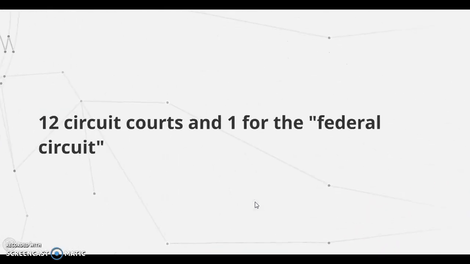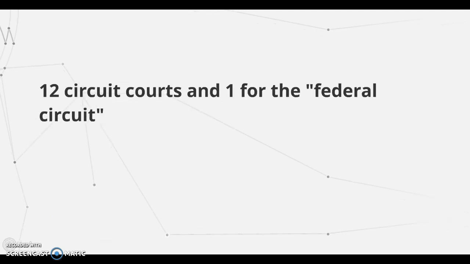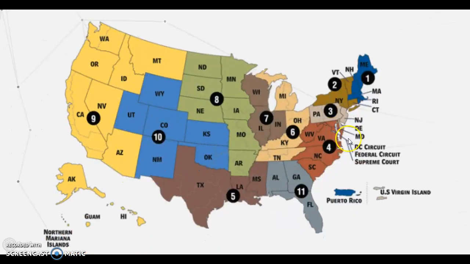In the United States, there are 12 circuit courts on the federal court of appeals, and then there's one that's called the federal circuit. So the United States is broken up into 12 districts, and then with the federal district being right here in Washington, D.C. Okay, so as you can see, big time test question. We are in the 7th district in the state of Indiana.